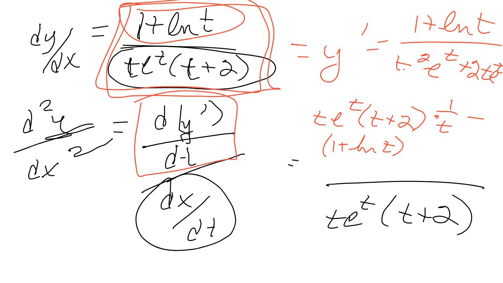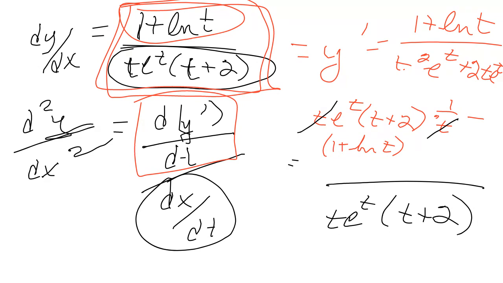So not very fun. And this is where I need my board so I can see things. Anyway, so bottom times derivative of the top. Okay, we got that. I'm just going to simplify this here, but this t and this t cancel out, right?